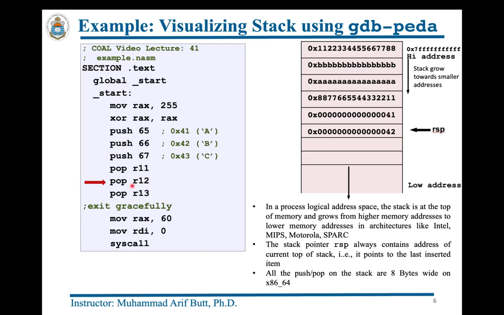Okay, now this pop R12 will remove this value, that is hex 42 or B, place it in R12, and this RSP will move up. And finally this pop R13 will remove this value, place it in R13, and the RSP will move up.